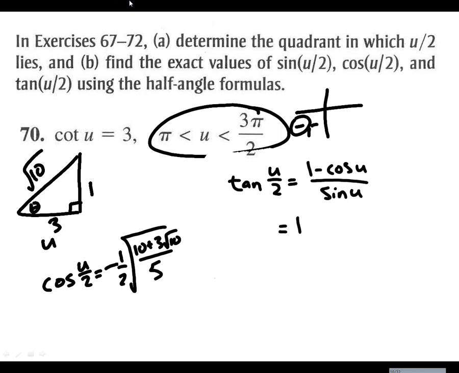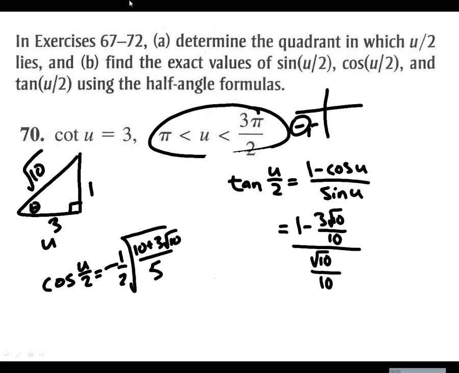And so we've got 1 minus the cosine, which is 3 over rad 10, so 3 rad 10 over 10. And the sine here is 1 over rad 10, so rad 10 over 10.